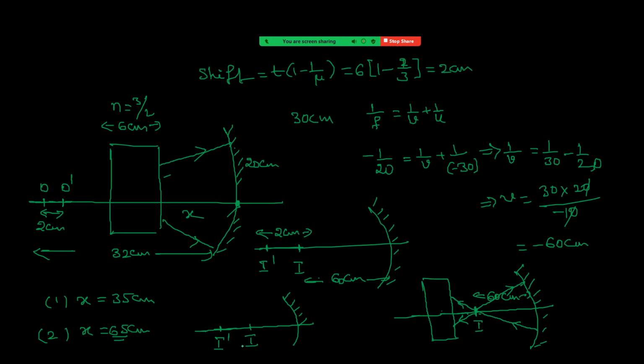In both the cases, the location of the image is the same. The only change is that this is a real image and this is a virtual image, because in this case a converging beam falls on the slab, and in this case a diverging beam falls on the slab. So this is a real image, this is a virtual image. The location is the same, at a distance equal to 62 centimeter from the concave mirror. Okay, so I hope you got clarity.